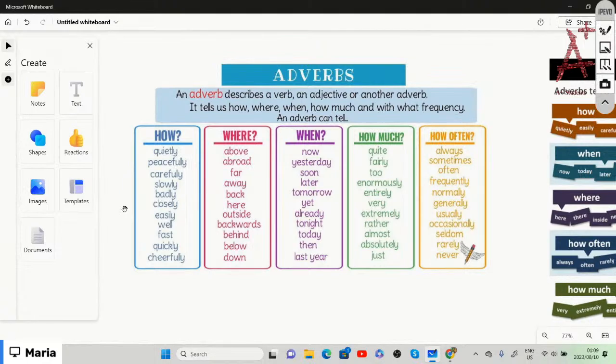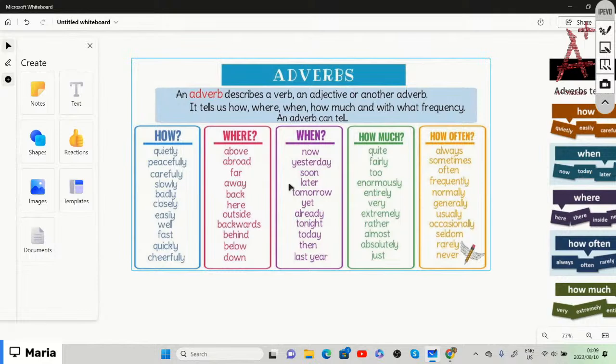Then an adverb can also tell us where. It doesn't necessarily have to be the name of a city. It can just tell you things like above, on top, or below, abroad.